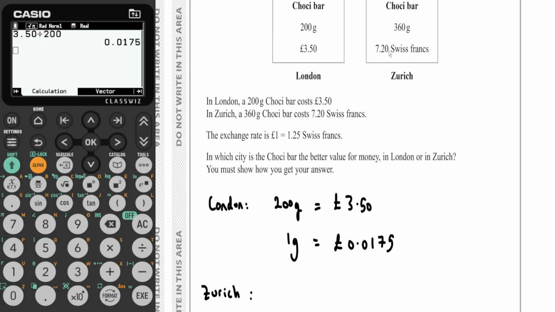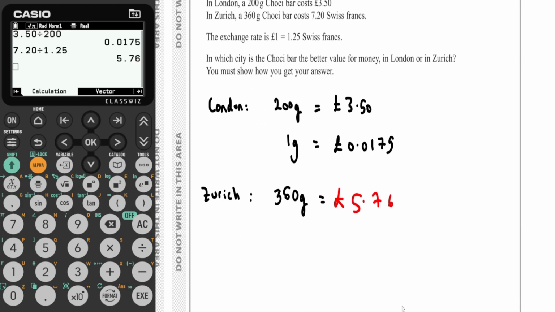In Zurich, let's first of all convert 7.20 Swiss francs into pounds, and we can do this by dividing that by 1.25. So if I do 7.20 divided by 1.25, I get 5.76. So here we've got 360 grams equals £5.76.